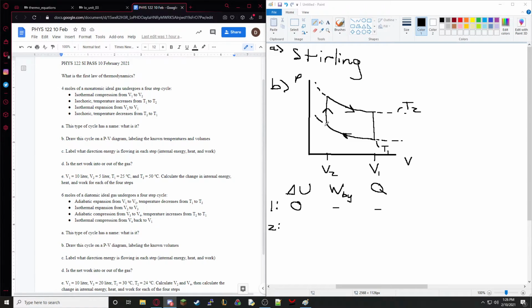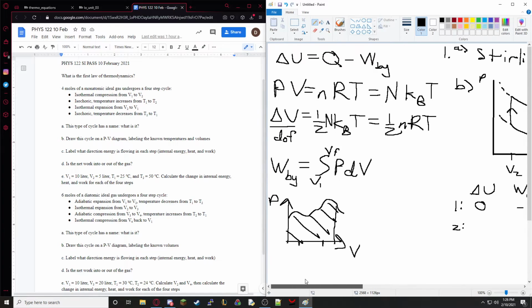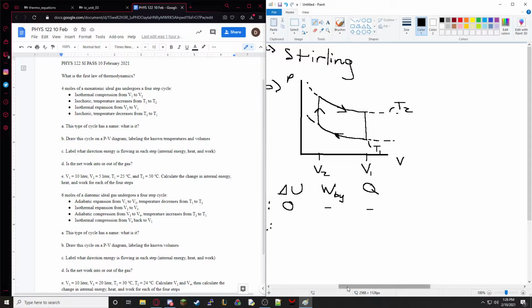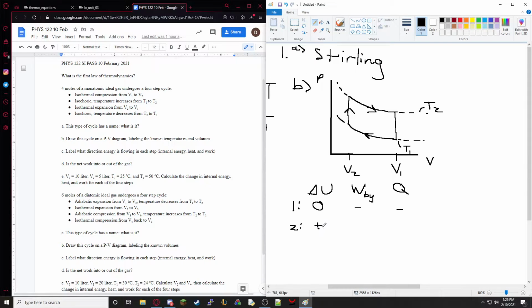So we're going up from T1 to T2 because our temperature is increasing. Delta U is equal to half nR delta T. So our delta U is, if temperature goes up, delta U has to go up. So delta U here is positive.